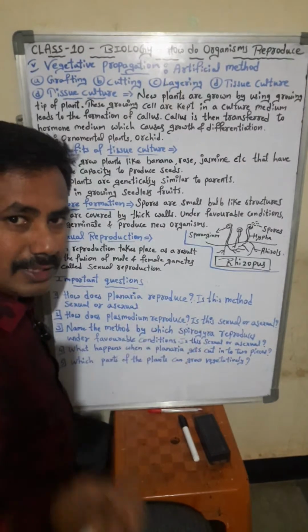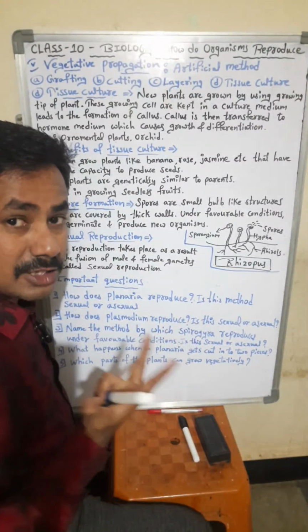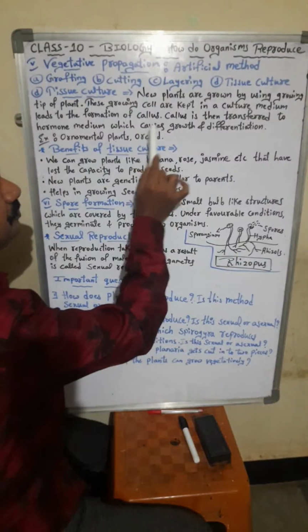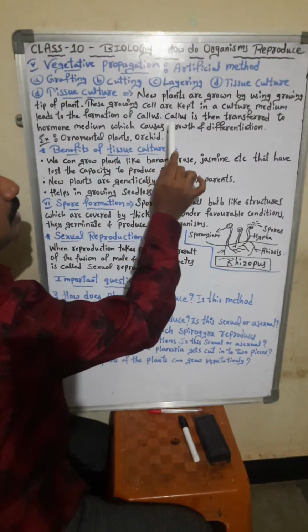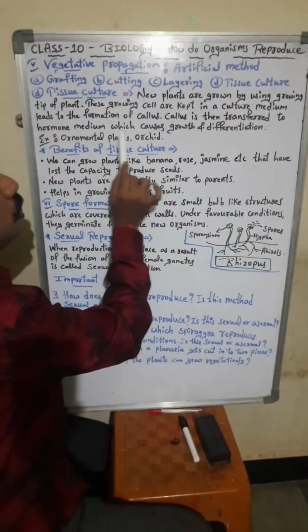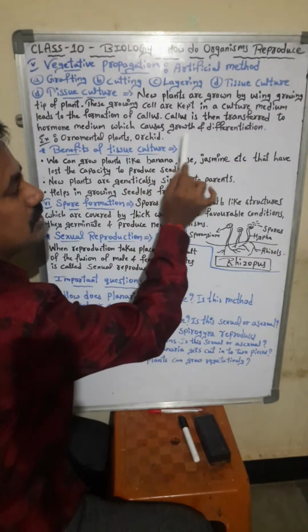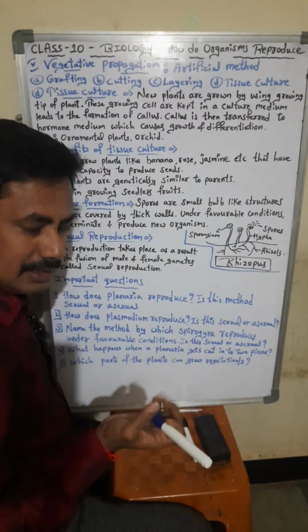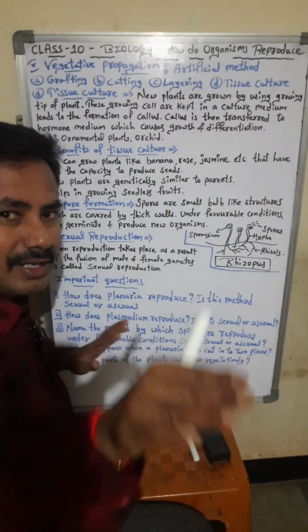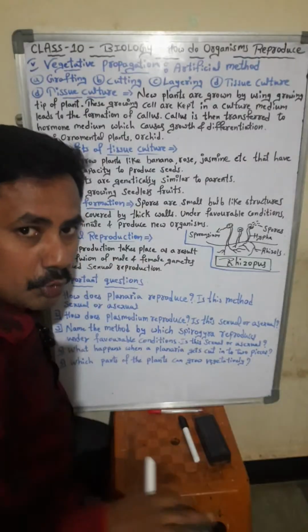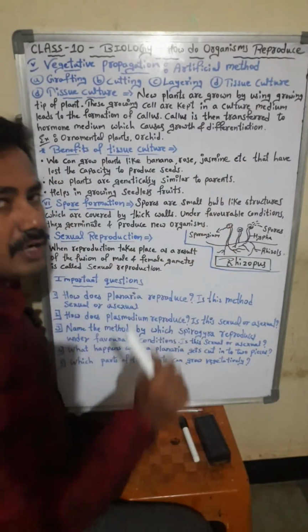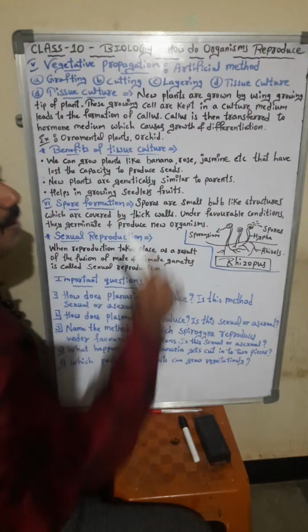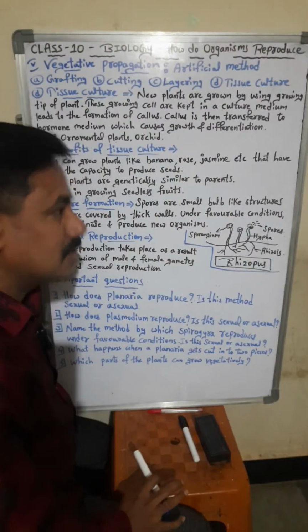In the growth hormone this callus is kept and the plant starts growing, which causes growth and differentiation. Growth and differentiation is nothing but the plant growing: a stem will come, branches will come, roots will come, so differentiation occurs. Examples are ornamental plants, orchid.